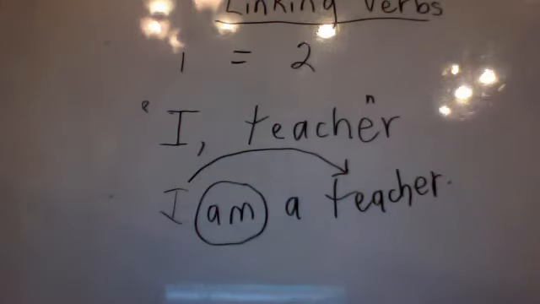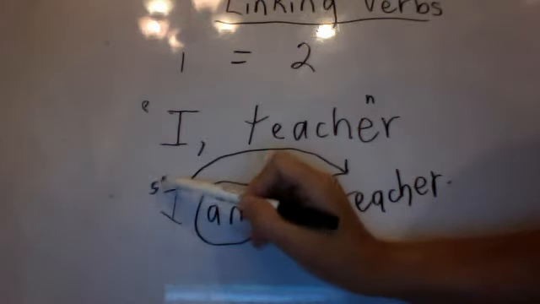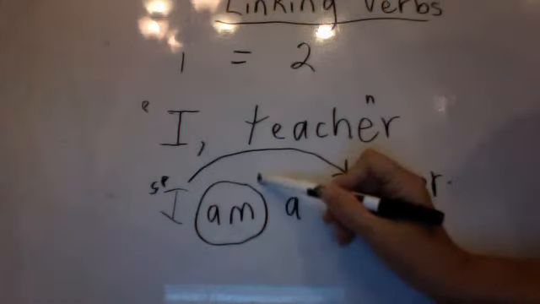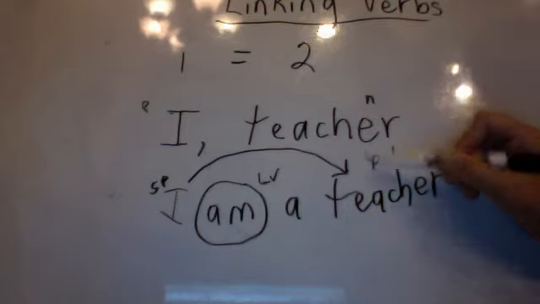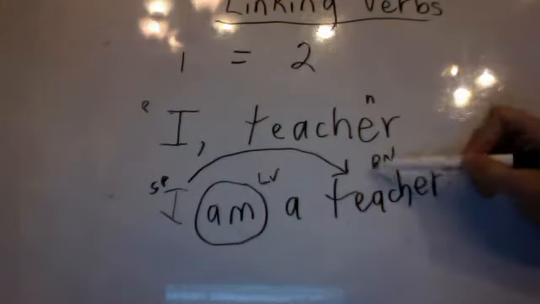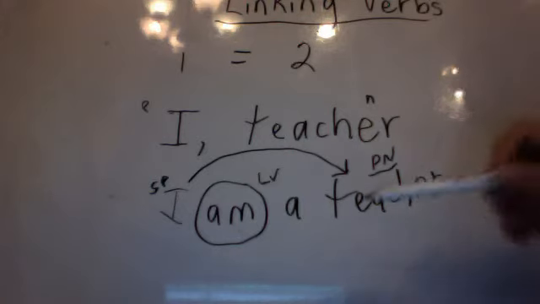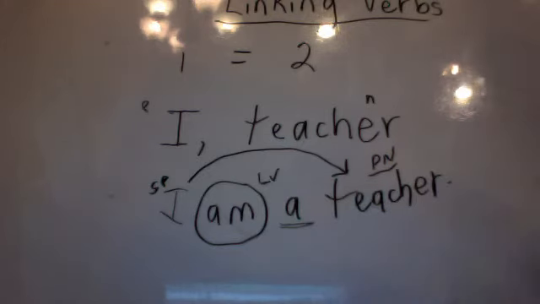So if I'm analyzing my sentence, I will say this is my subject pronoun, SP. This is my linking verb. This is a noun. And with a linking verb, that makes this a predicate noun, and we abbreviate that PN. This here is an article adjective.